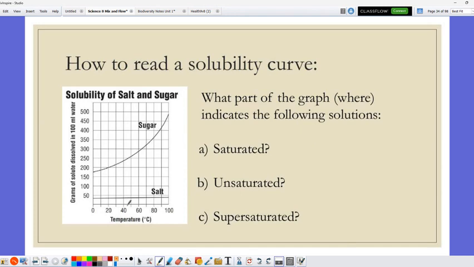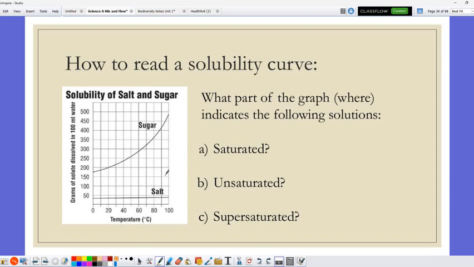So if you look at 40 degrees Celsius, it looks like around 240 grams of solute would dissolve in sugar, but at 40 degrees Celsius for salt, it looks like about 40 grams. So it looks like the salt is pretty close to saturated right from the start because it doesn't really dissolve much more. But sugar, you can see it hits saturation at around 475 degrees Celsius.